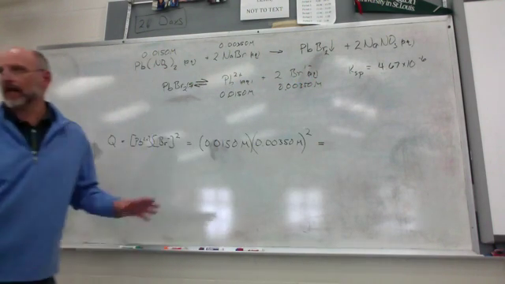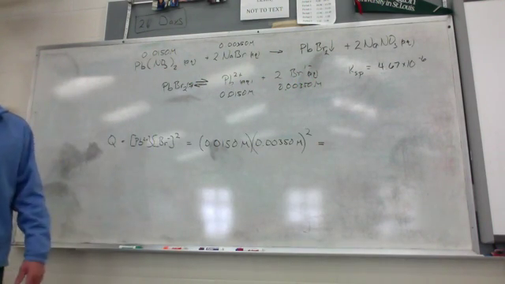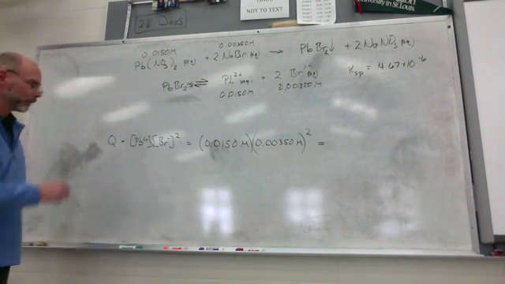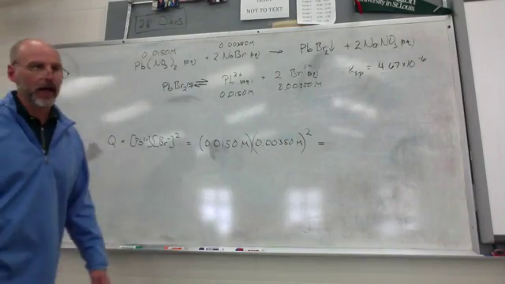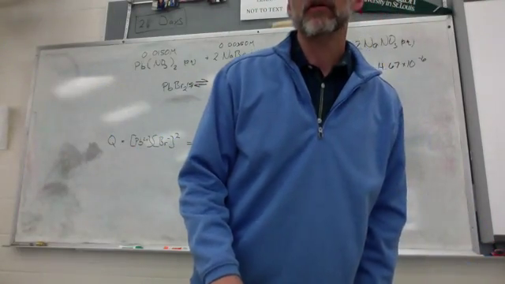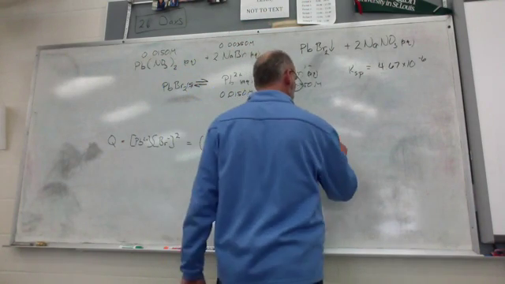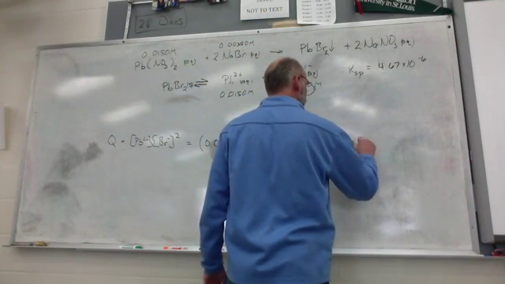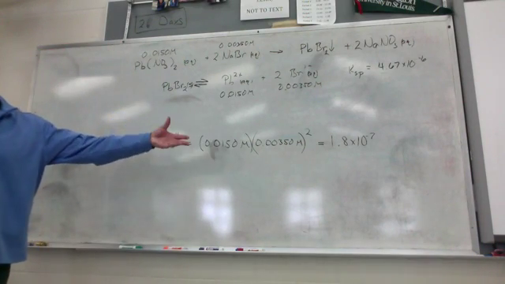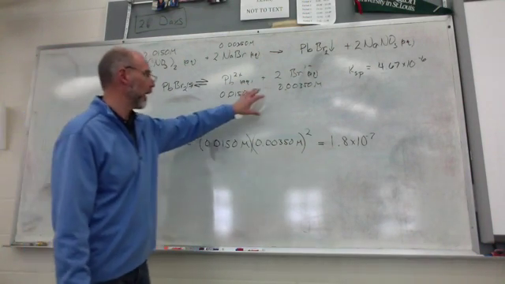I just got carried away with doing it before we broke it. Okay? So now you just plug and chug, and I ended up getting 1.8 times 10 to the negative 7th. You guys concur? Okay, so that is the initial set of conditions that we have here.